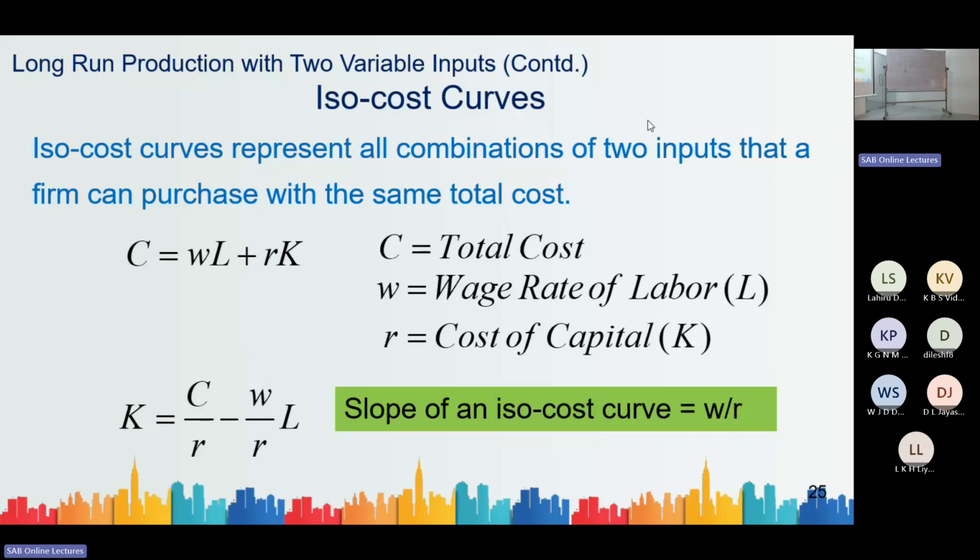The second case is isoquant curves which are downward sloping straight lines, for perfect substitutes. And the third case is L-shaped isoquants. For L-shaped isoquants, the inputs are perfect complements.